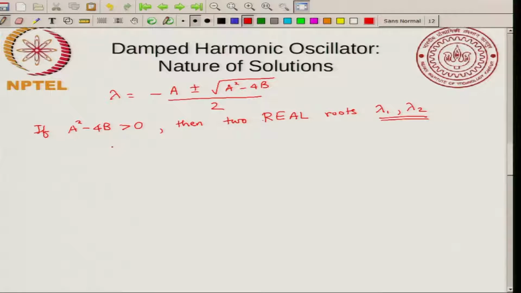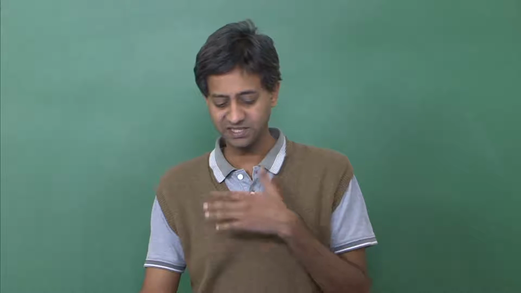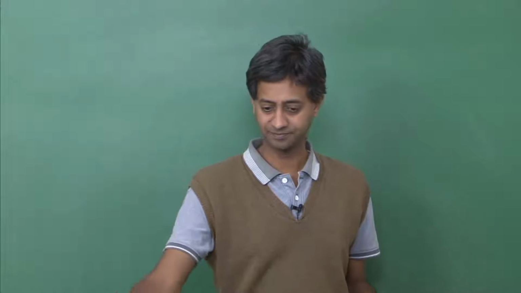Then the solution y is equal to C1 e to the lambda 1 x plus C2 e to the lambda 2 x. So it is basically a sum of two exponential functions, and lambda 1 can be positive or negative. If it is positive, then it is exponentially increasing. If it is negative, it is exponentially decreasing.